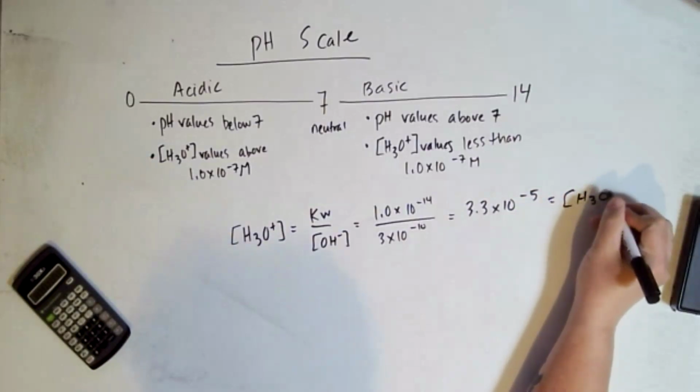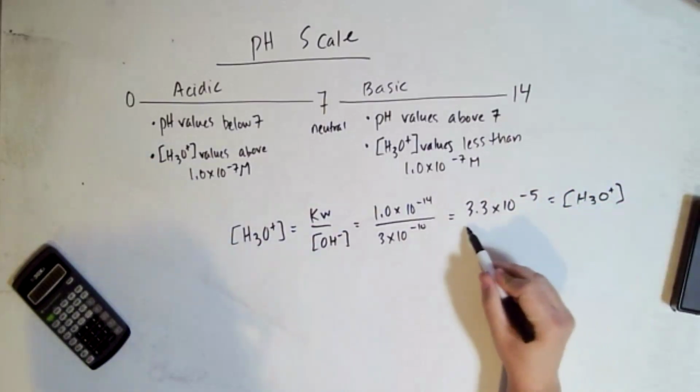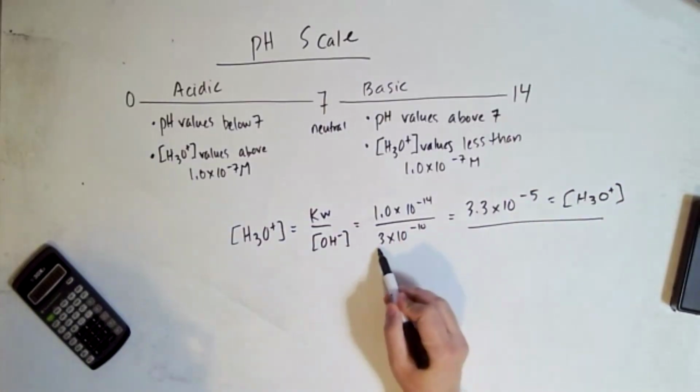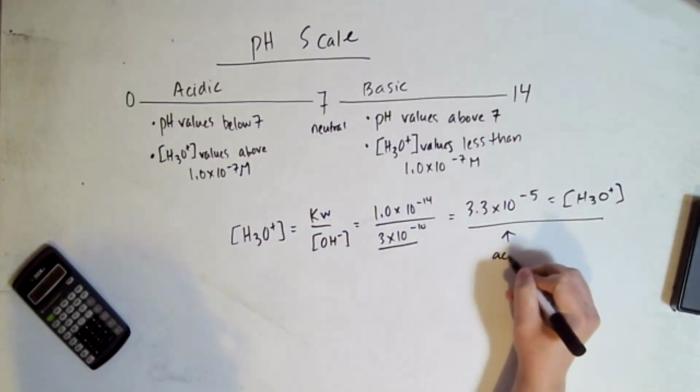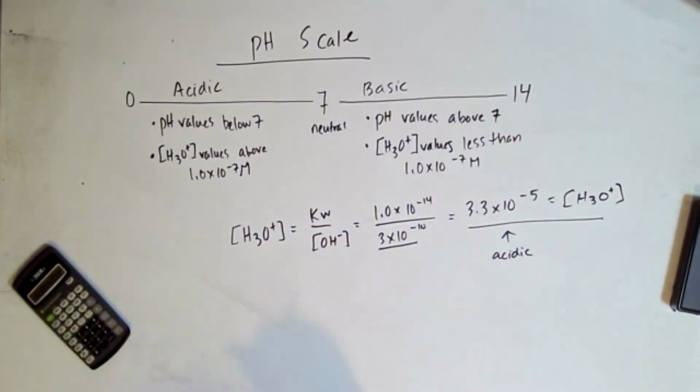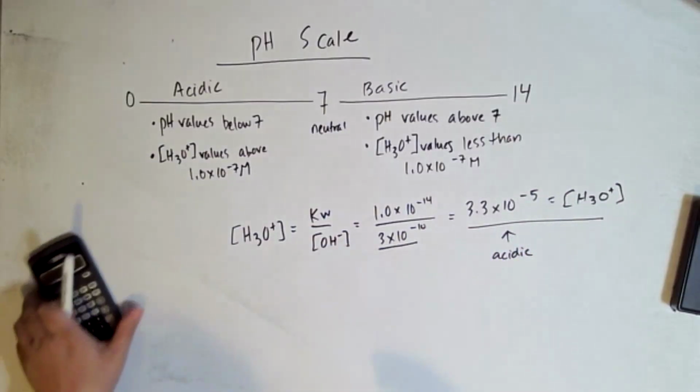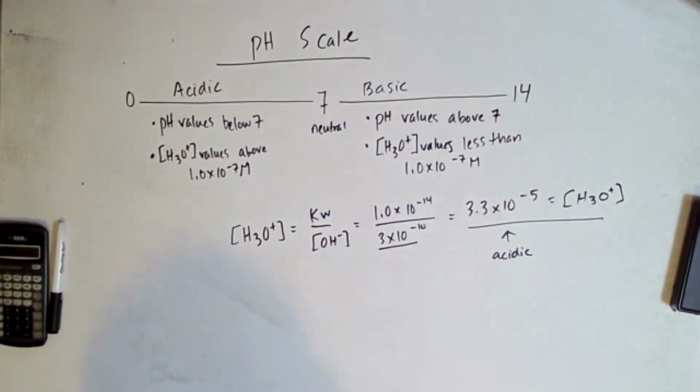And now it's a lot easier to look at this and say, well, this is my hydrogen concentration. This is my hydroxide concentration. This one's bigger, so this is going to be acidic. Right? Whenever your H3O plus concentration is bigger than your OH minus concentration, then your solution is going to be acidic.